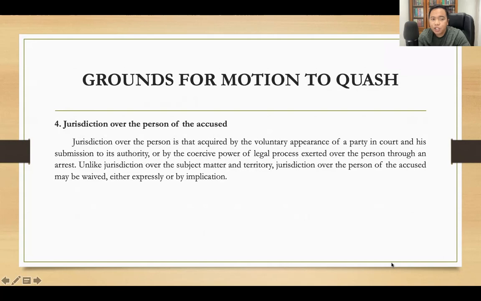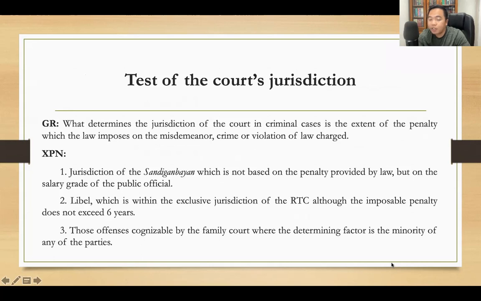Jurisdiction over the person of the accused is acquired again by voluntary appearance or voluntary surrender or arrest of the accused. Now, in determining the jurisdiction of the court in criminal cases, you have to go to the extent of the penalty which the law imposes on the crime or violation of the law charged.